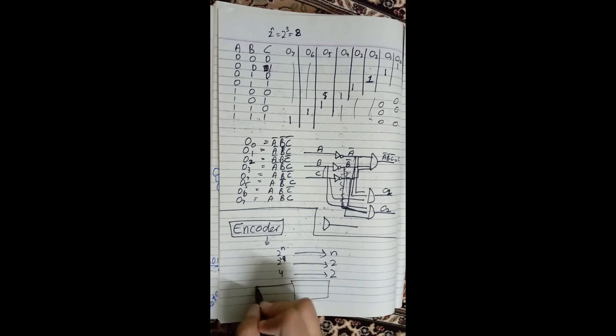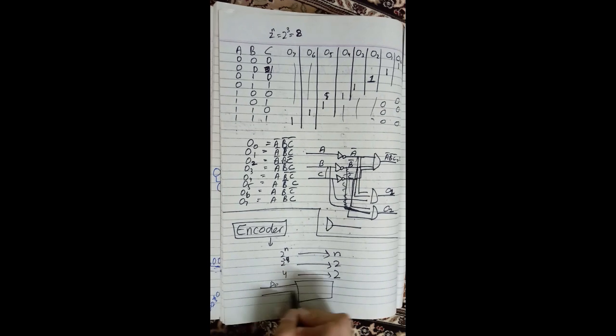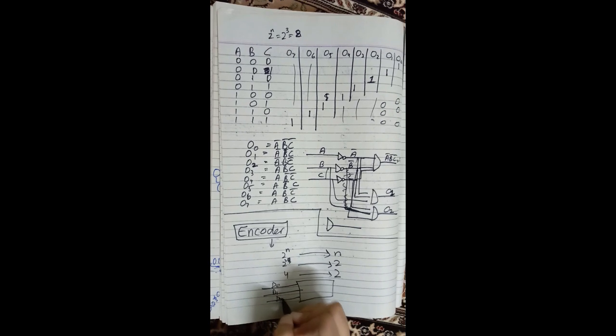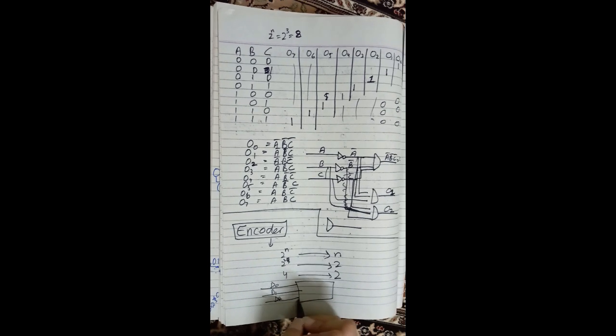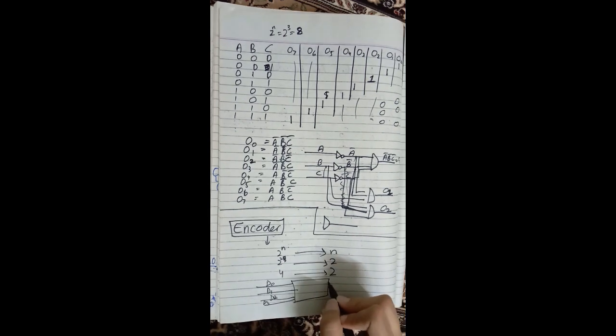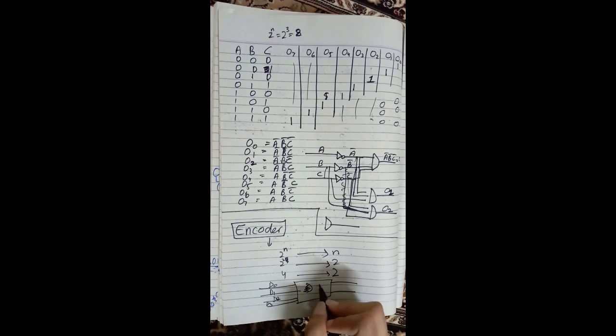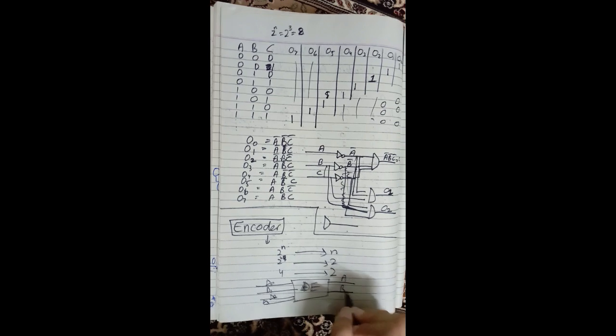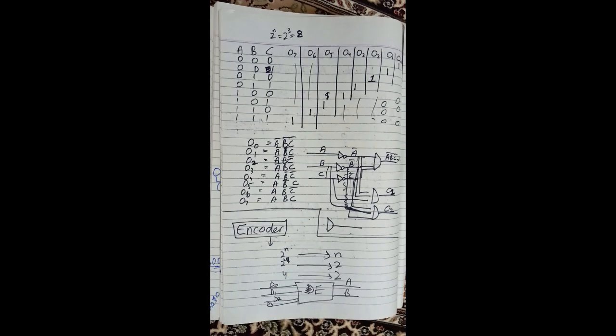We can draw it as the 4 inputs of the encoder: D0, D1, D2 and D3. But there will be the 2 outputs. It is our encoder and the output will be A and B. It will be the opposite of the decoder.